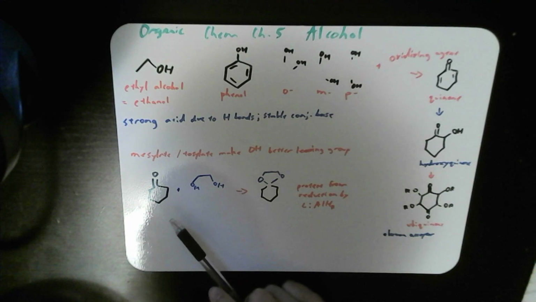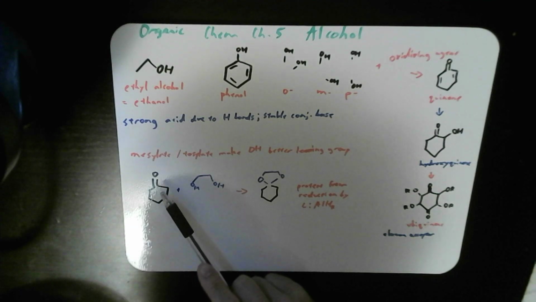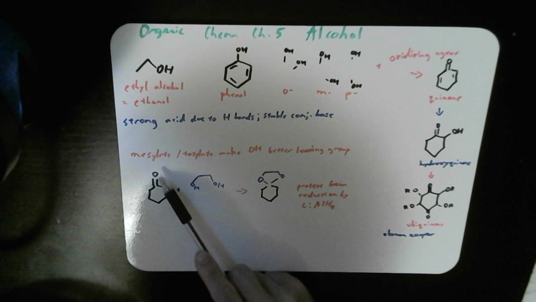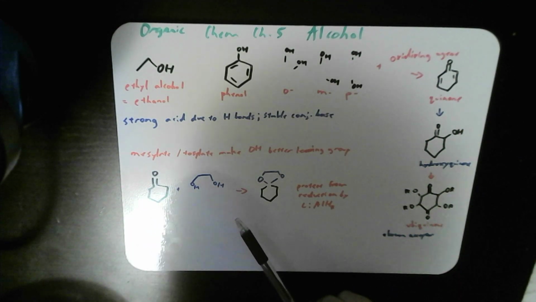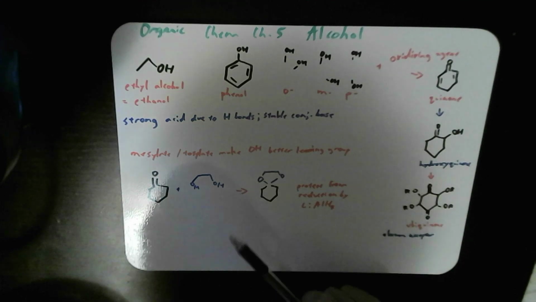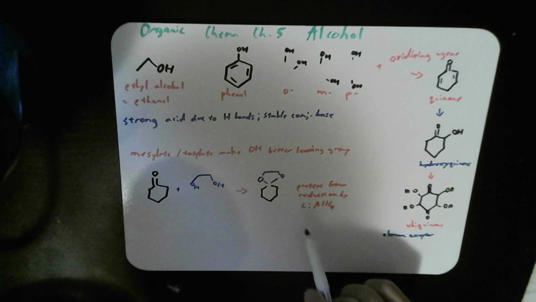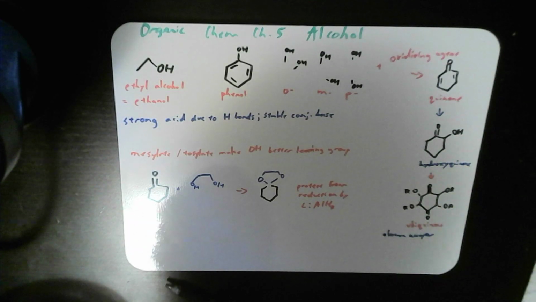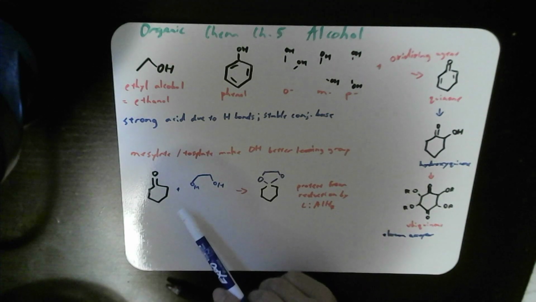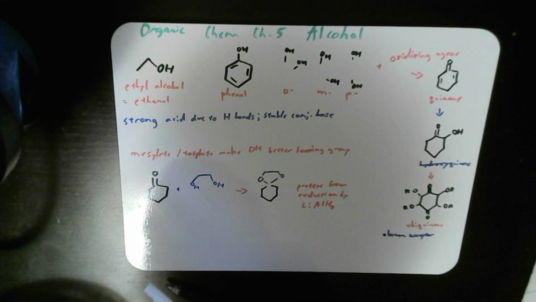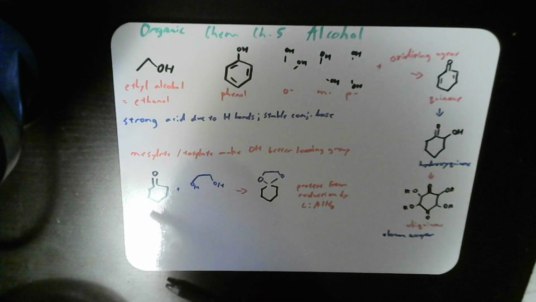Now, what we can also do is use alcohol to add to a ketone to make this protected group, because when you add reducing agents such as lithium aluminum hydride, these reducing agents add H to them, and you might not want these oxygen carbonyls to be reduced.